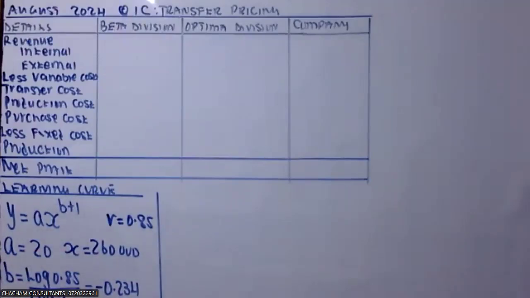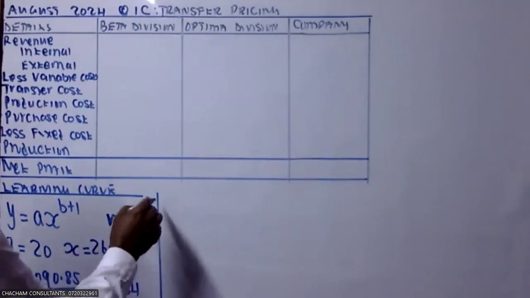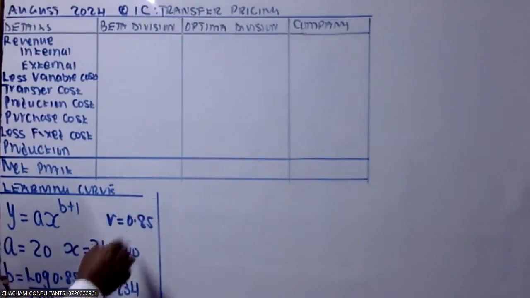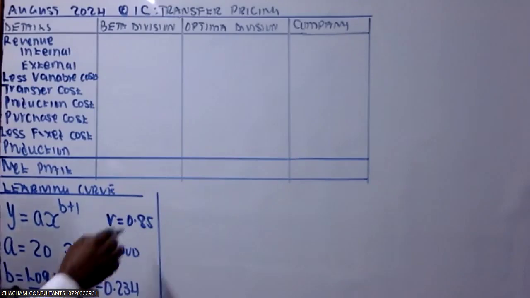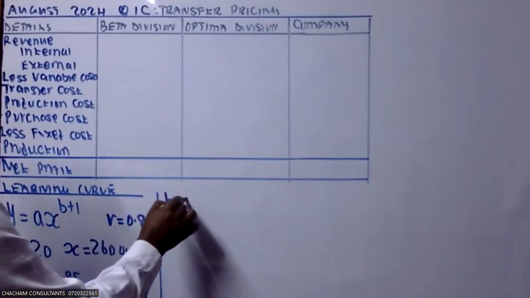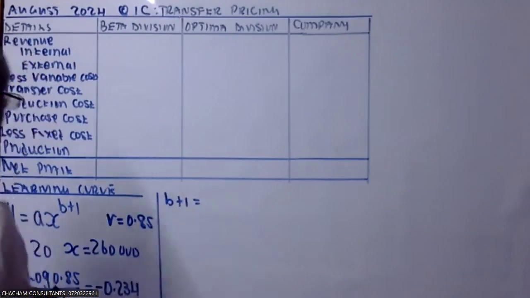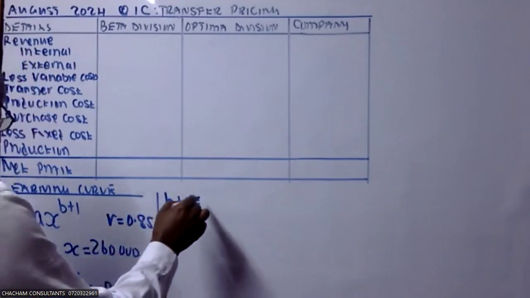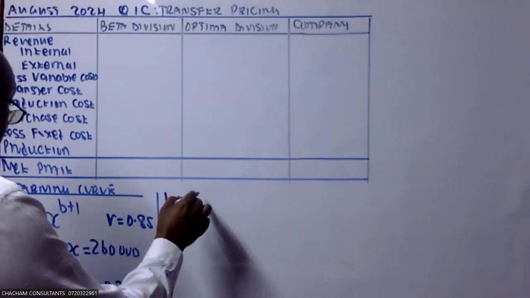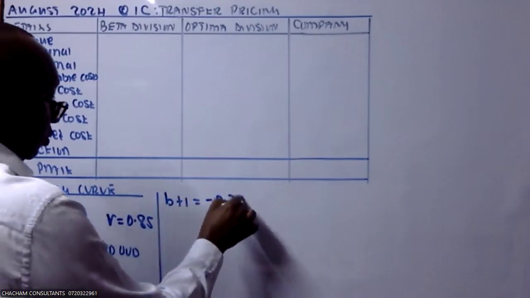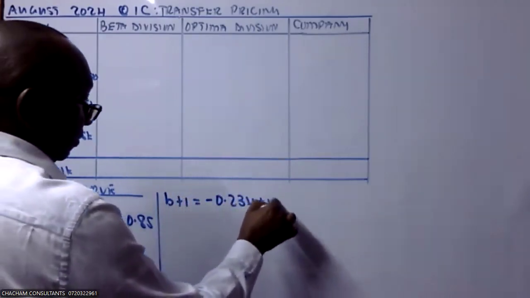Okay, good. So B plus 1, so this is what they are calling the coefficient. So B plus 1 will be equal to negative 0.234 plus 1.